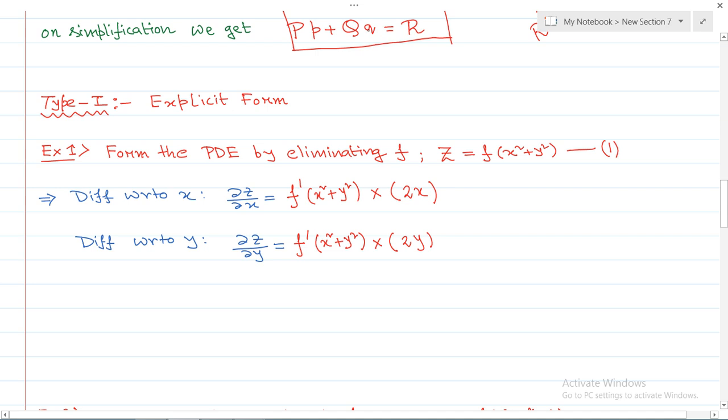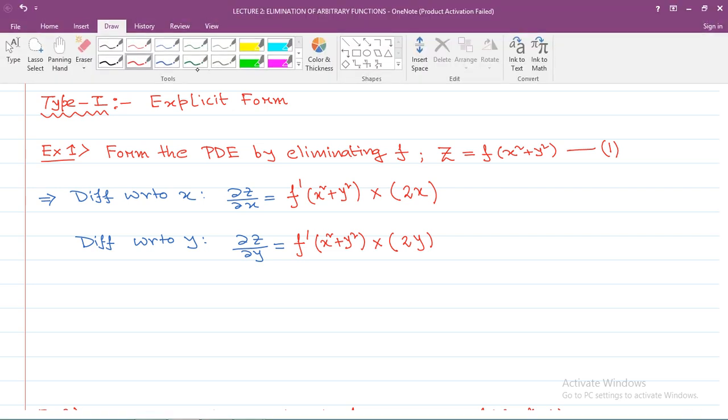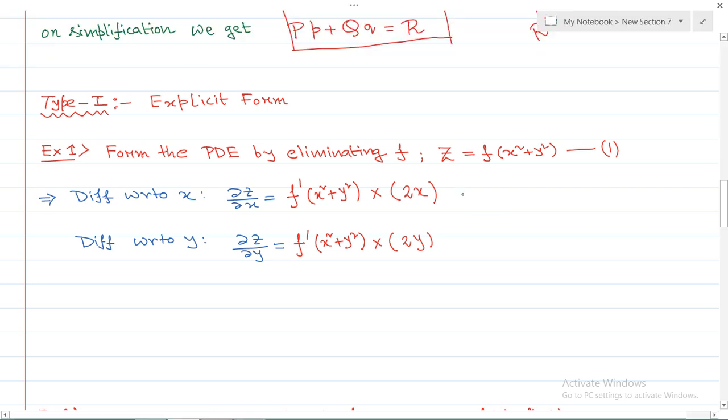Now if you remember the notation, as per the notation we can write p equals f dash of x square plus y square into 2x. Similarly, q equals f dash of x square plus y square into 2y, right?